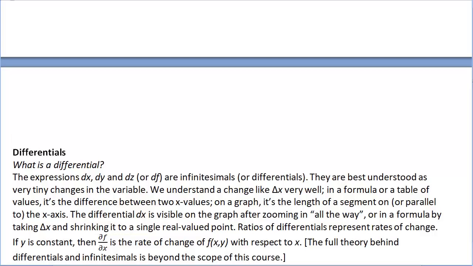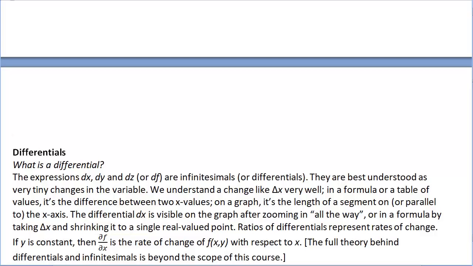Now, if y is constant, then we can write partial df dx as the rate of change of the function f of x, y with respect to x. So these are some of the notations, an idea about what we mean when we talk about differentials, if you haven't seen it before. And let me just mention, that's just the basic idea. The full theory behind differentials and infinitesimals is beyond what we're going to talk about.